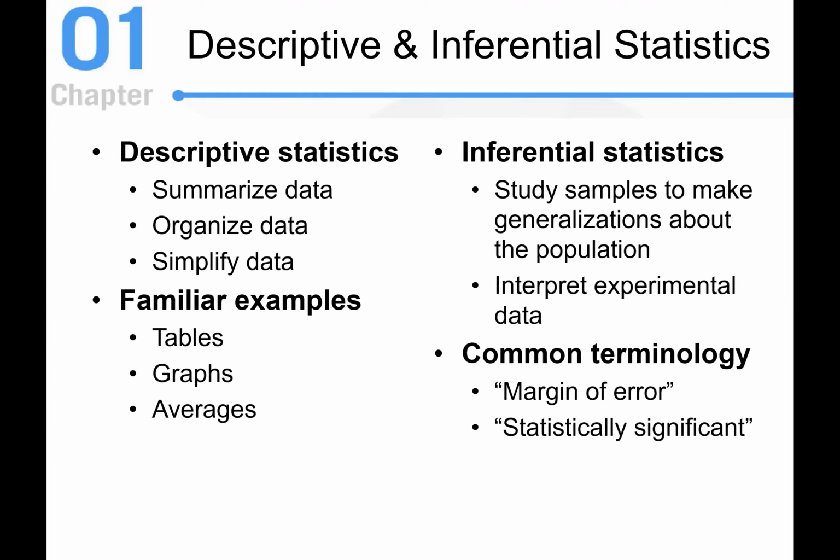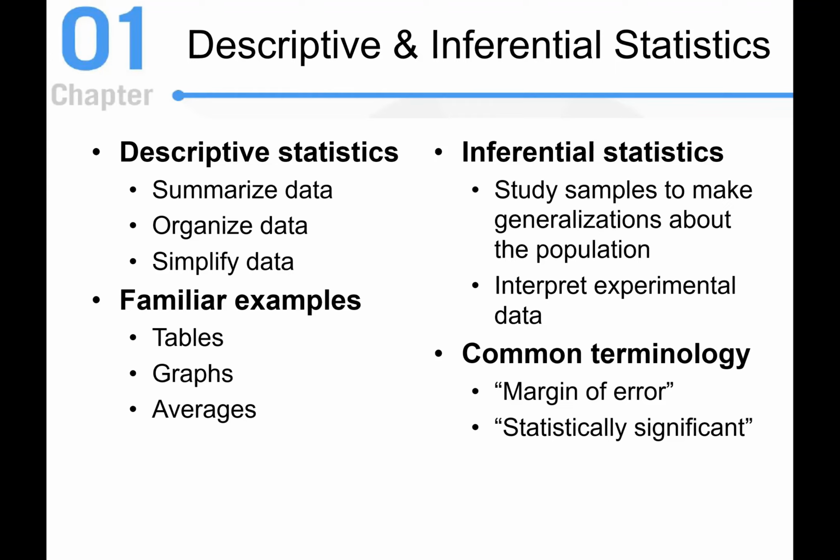So descriptive statistics is going to allow us, once we do some kind of study or get some kind of data, to summarize this particular data to make it readable. We're going to be able to organize it, and we're going to be able to simplify it. We're taking data and making it make sense to us and anybody who may come across our research or our studies.